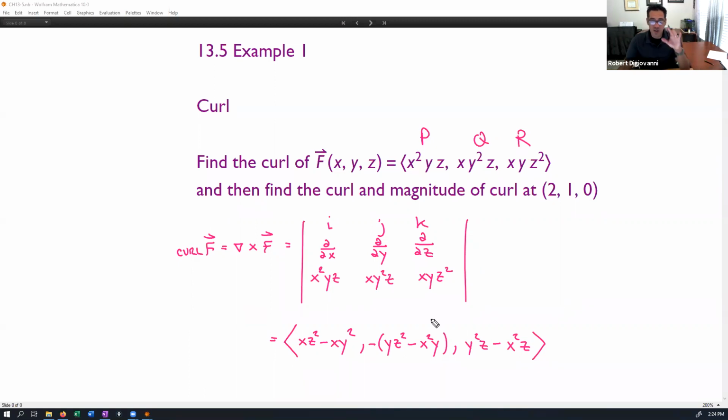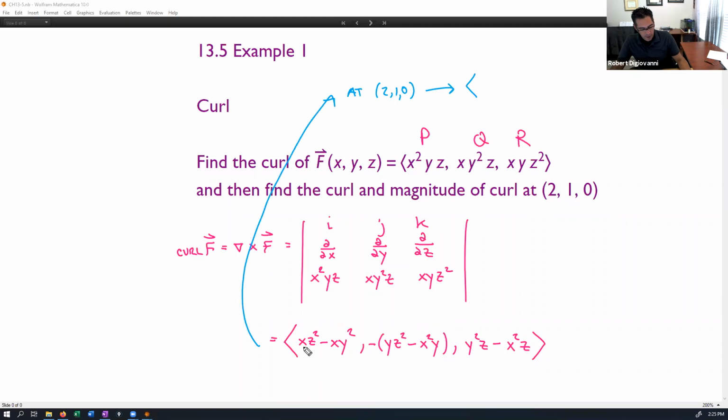All right, so that is just the mechanics behind calculating the curl. Now, let's find the curl at a specific point. If we go to 2, 1, 0 and replace those in here, then for this specific problem, at 2, 1, 0, we would get a vector.